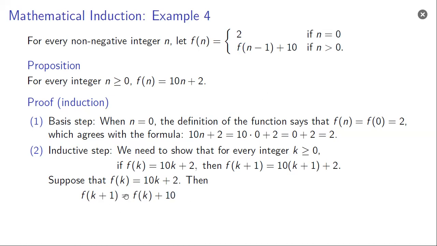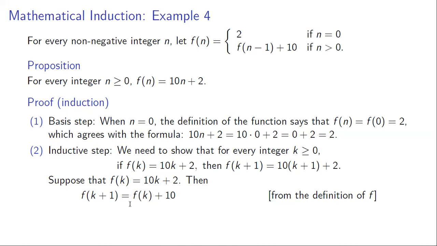So f of k plus 1, from the definition of f itself, is equal to f of k plus 10. Again, f of n is equal to f of n minus 1 plus 10. What happens if n happens to be k plus 1? Then it's going to be f of k plus 1 minus 1, which is f of k, plus 10. So that's f of k plus 10. That's from the definition of f.